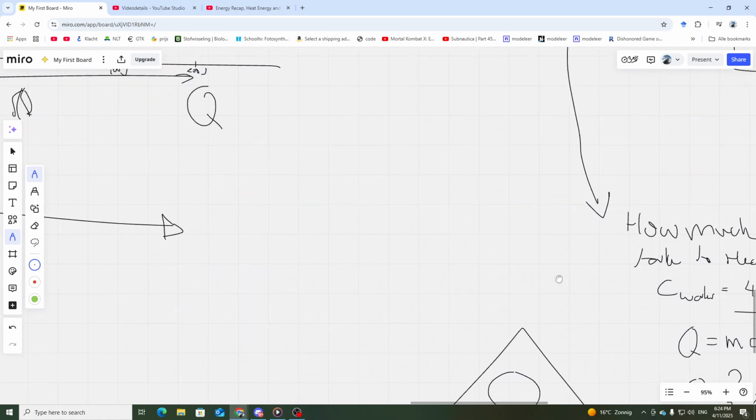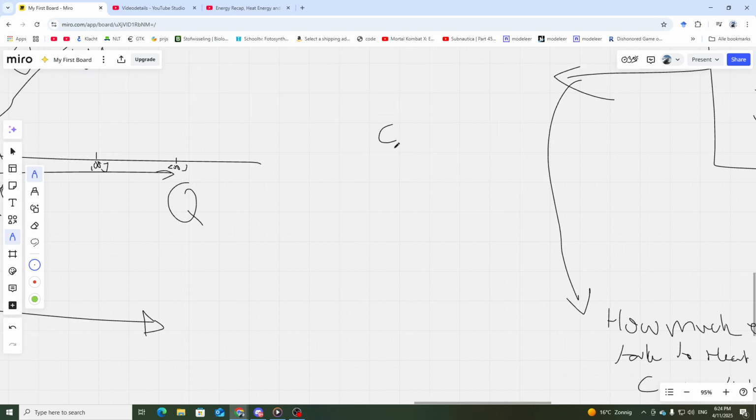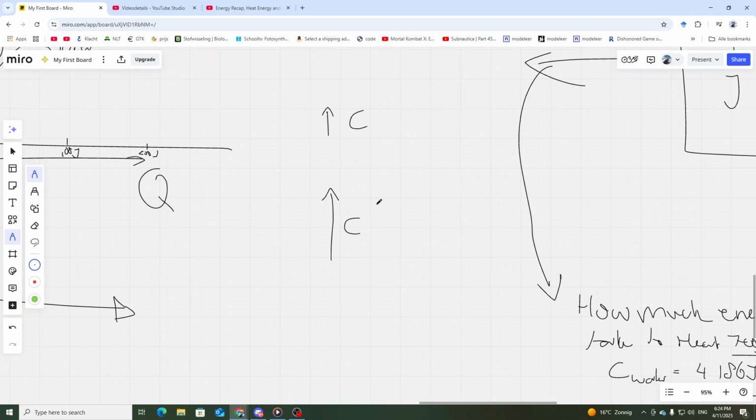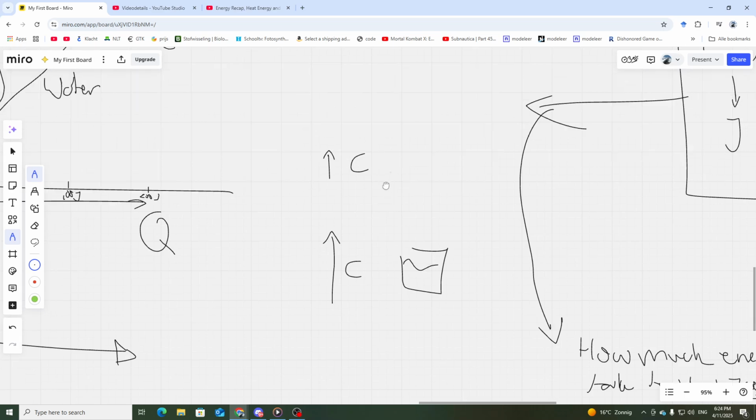Just to come back to the idea of C, what does it mean to have a big C versus a small c? A big C means it takes a lot of energy to heat up my material. An example of that is water.